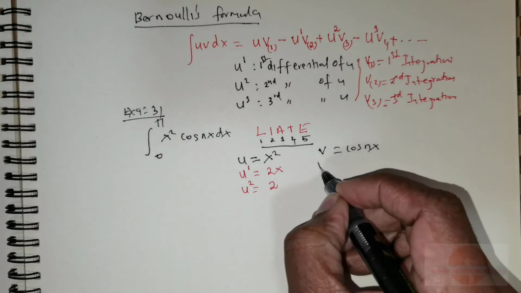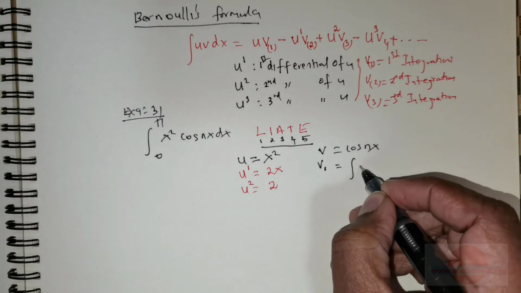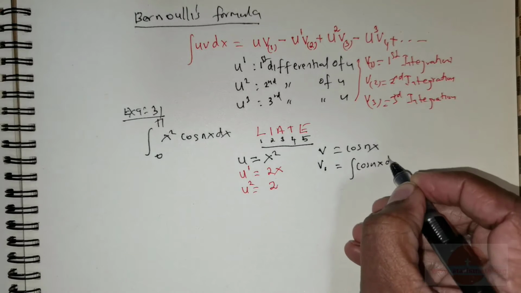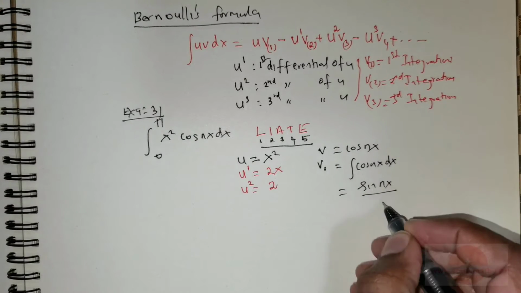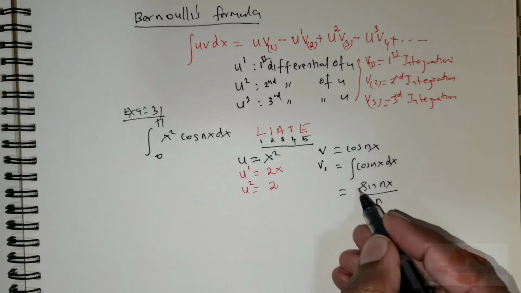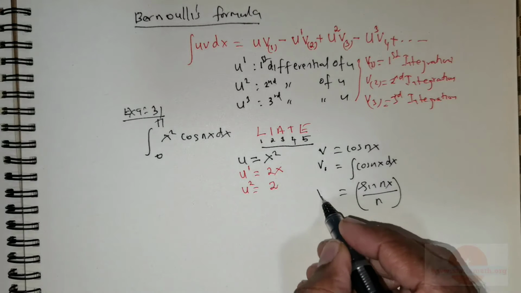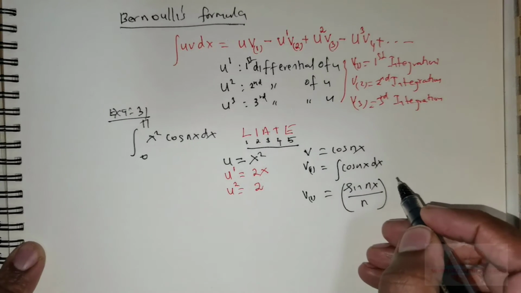When you integrate v, that's going to be v suffix 1. It's nothing but integral of cos nx times dx. So when you integrate this, you get sin nx. The coefficient of x is n, so it's going to be n in the denominator. So this is my v1. Now we need to obtain what is v2.